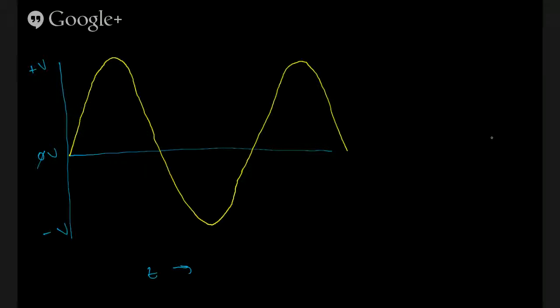We call the peak here, with our reference from 0 volts, from here to here, that distance, is our amplitude.